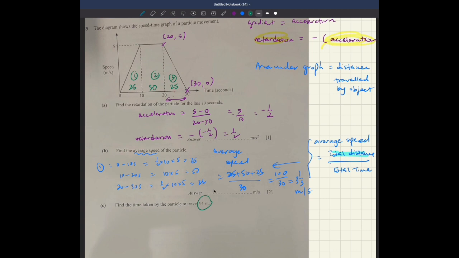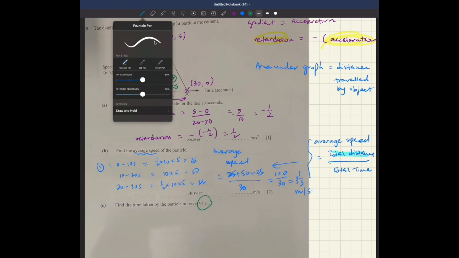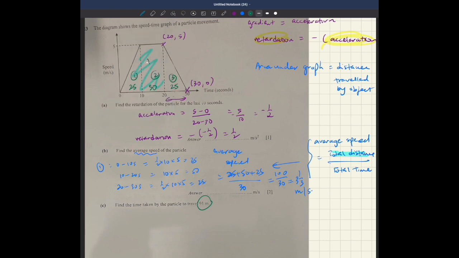So in which region is the object when it's 91 meters? So we can safely see that over here, the first two parts we get 75 meters here. So that means 91 would safely land inside the third part.